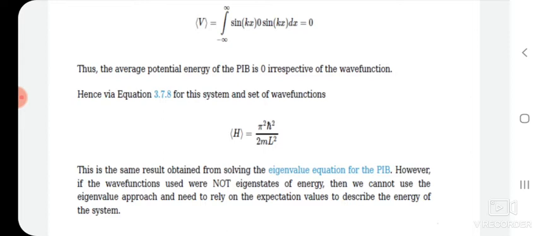However, if the wave function used were not an eigenstate of energy, then we cannot use the eigenvalue approach and need to rely on the expectation value to describe the energy of that system.